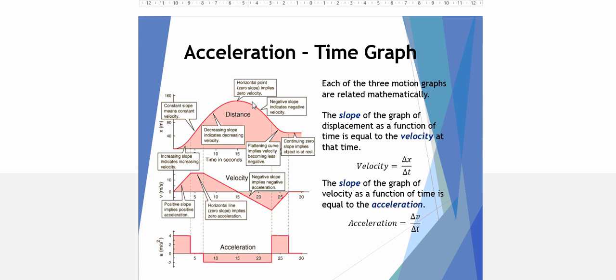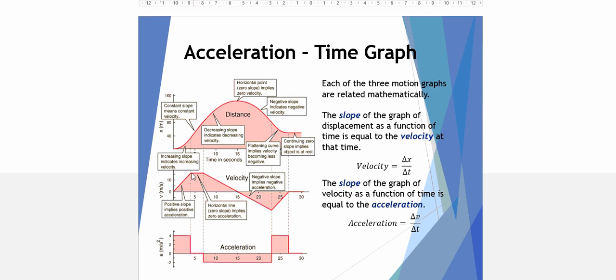The rate of change of this gradient represents my velocity. There's a direct correlation or link between the two. Effectively, it is dx/dt, for those familiar with calculus, rates of change. Likewise, the slope of the velocity time graph provides a measure of the object's acceleration. So here I've got a constant positive gradient. If I calculate it, it comes out to 4, a constant positive acceleration.